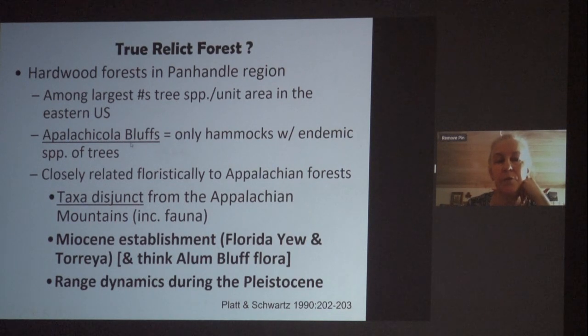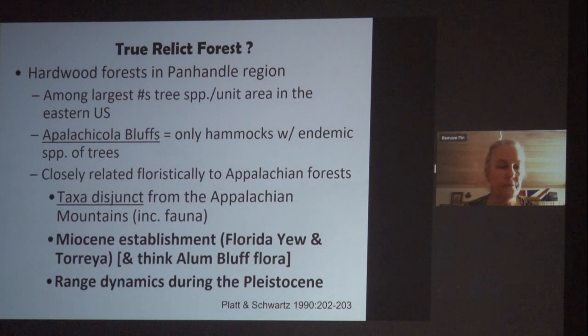The Apalachicola bluffs themselves, and that brings me right back to that early Alum Bluff flora, have the only hammocks with endemic species of trees. All of it is closely related floristically to the Appalachian forest well north, with several taxa that are disjunct, like those outliers with the sugar maple that I showed in the beginning, from the Appalachian mountains. That includes fauna as well.